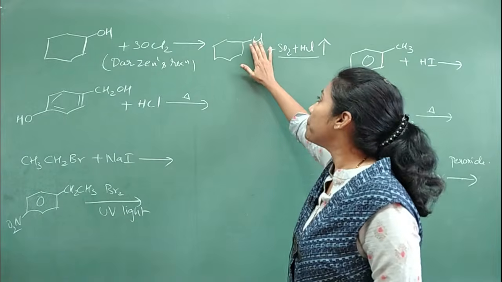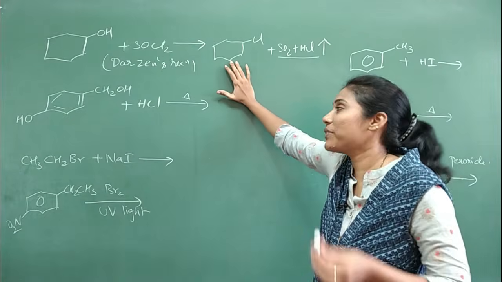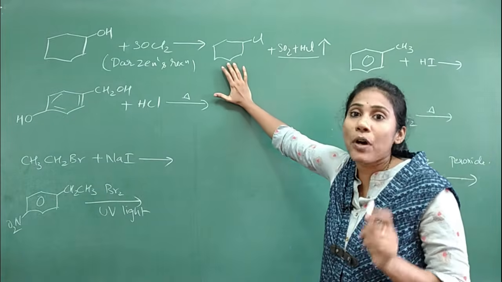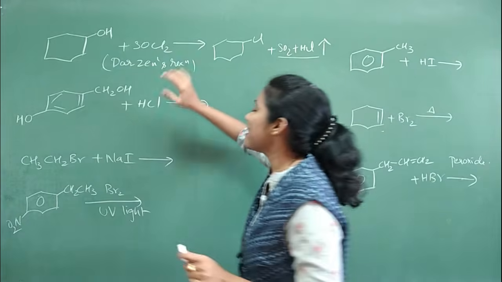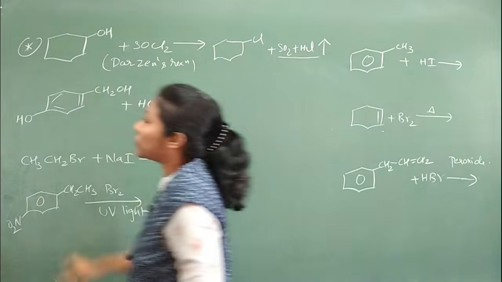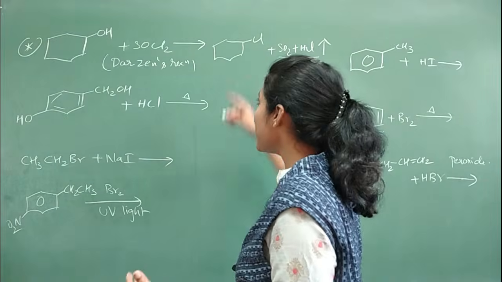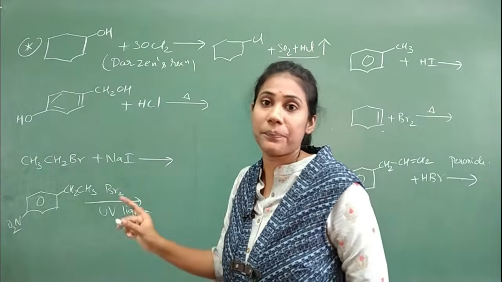You are able to prepare alkyl halides in a better way. So that is a very important use of Darzens reaction, guys. This is one of the very important reactions for all the competitive examinations. So this is how you have to predict the products.